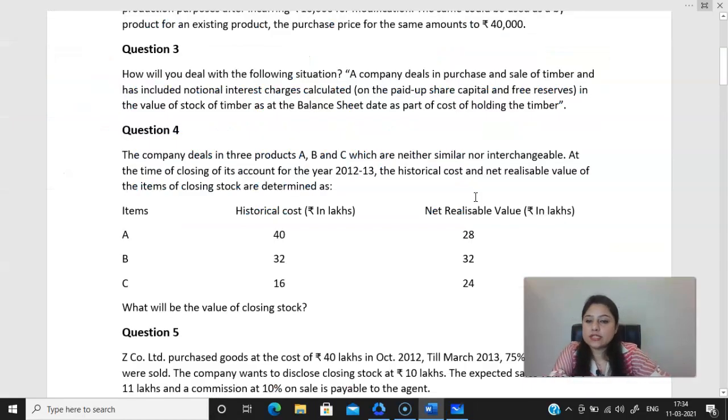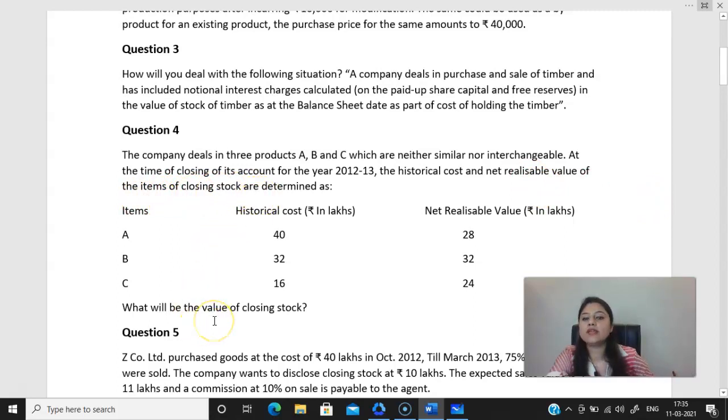Moving on to the next question, which talks about a company dealing in 3 products, A, B and C, which are neither similar nor interchangeable. At the time of closing of its accounts for the year 2012-2013, we have been given the historical cost in rupees in lakhs, and the NRV, again in lakhs, for these 3 products.